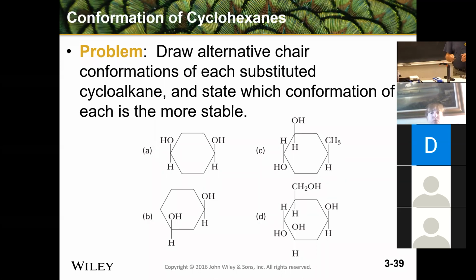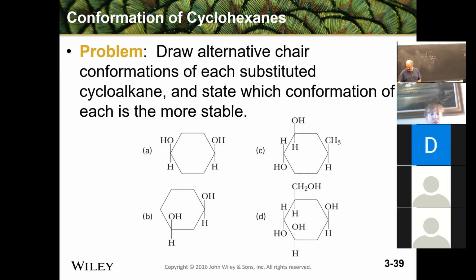There's distortion from the ideal tetrahedral bond angles, and so a lot of energy is released as this ring breaks open. So that's called bond angle strain. Cyclopropane exhibits both torsional strain because of eclipsing of hydrogens and bond angle strain.